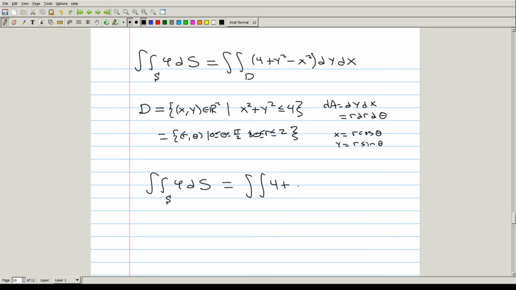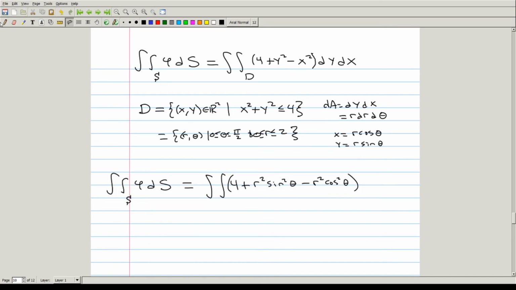So it's going to be 4 plus r squared sine squared theta minus r squared cosine squared theta. And then dy dx is going to become r dr d theta. And our bounds are from 0 to pi over 2 for theta, and for r from 0 to 2.